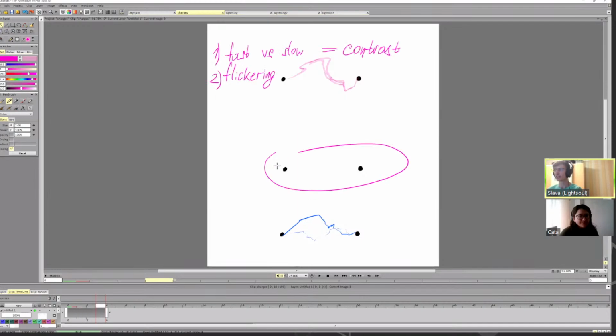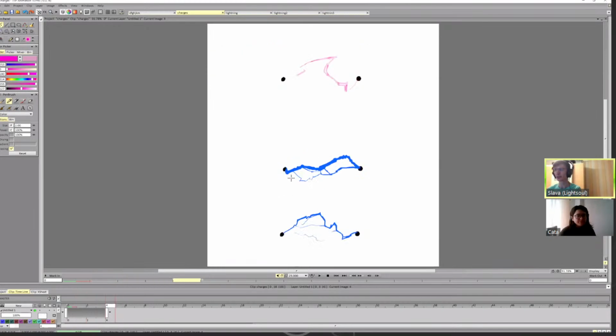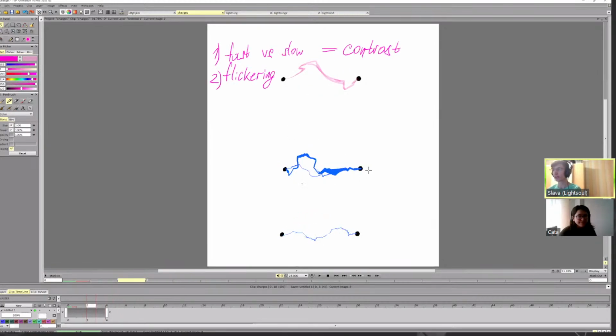So the charges can disappear and appear seemingly out of nowhere, and it will still work if we continue the motion. As long as we continue the motion, as long as we make it readable, it will work, and flickering will actually make it feel more electrical because electricity flickers in reality. So that's the second thing.